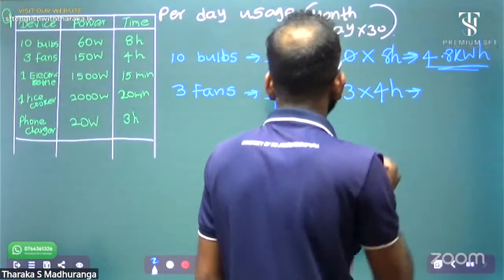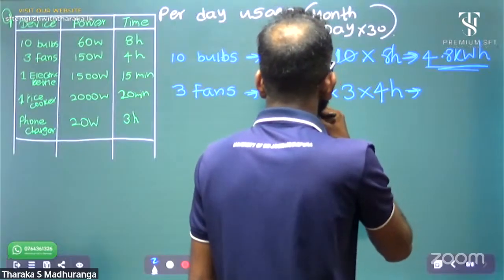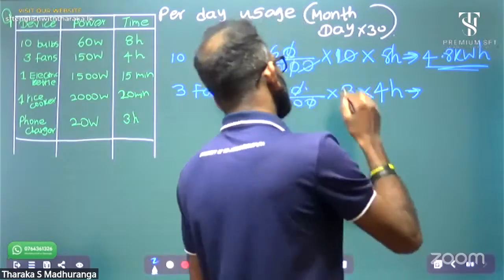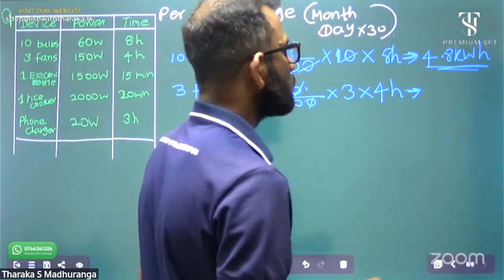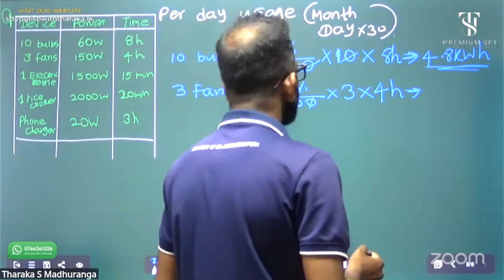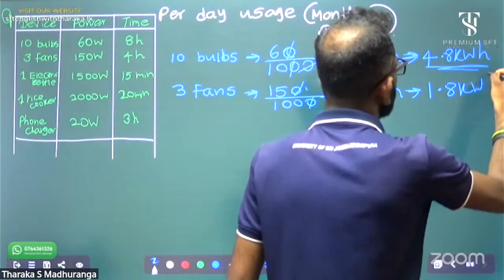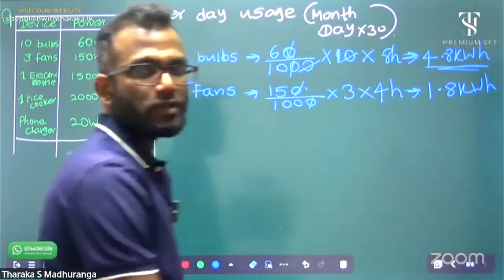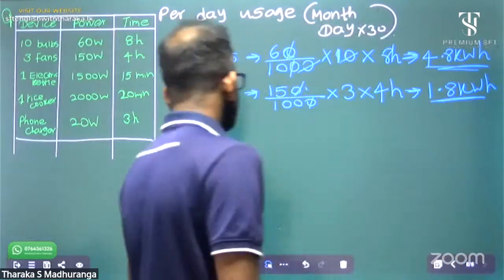Then what is the kWh value? 0 and 0 cancel. 15 into 4 is 60. 60 into 3, 180. 180 over 100, 1.8 kilowatt hours.